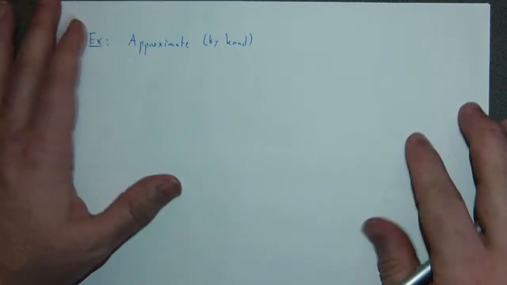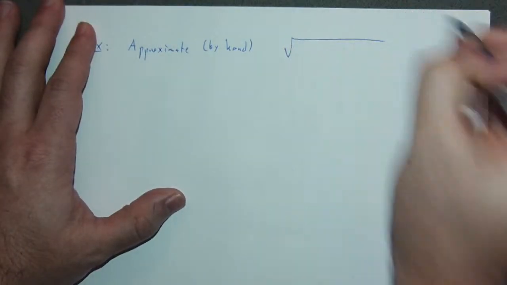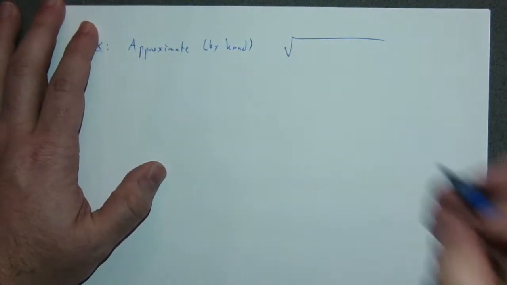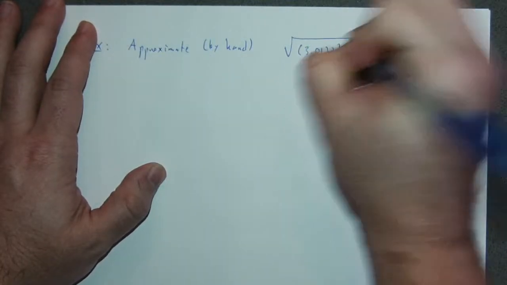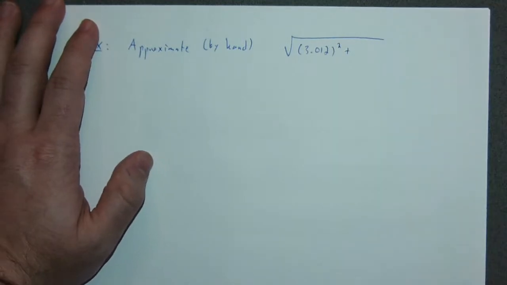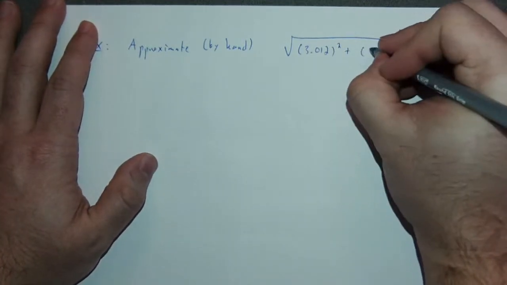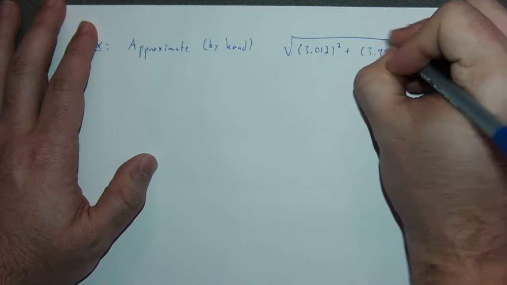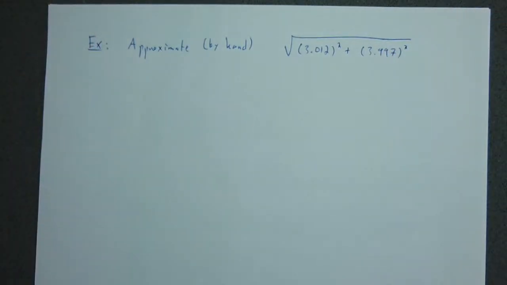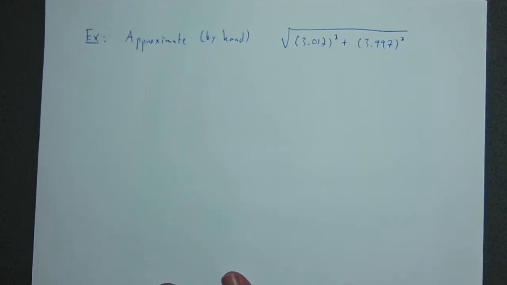So approximate by hand the square root of 3.012 squared plus 3.997 squared. Okay, so approximate that.